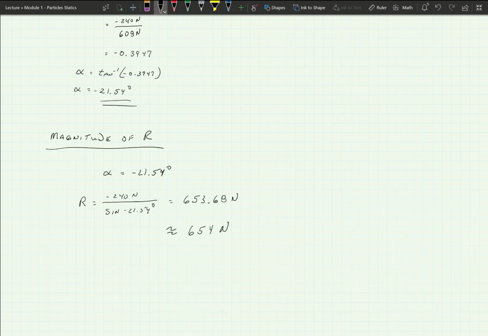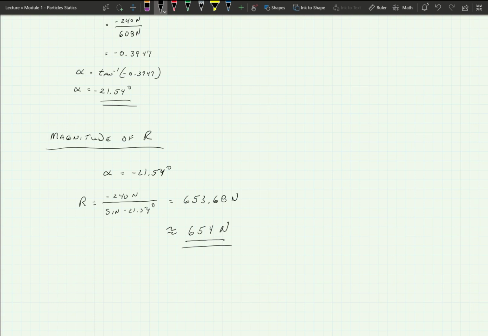And if someone hasn't explained this in the world of engineering, we're going to call that 654 newtons because we're looking for three significant figures most of the time. My logic is this, and take it for what it's worth: is there much of a difference in 653.68 or 654 when I'm calculating stresses down the road on designs where things are in the tens of thousands to hundred thousands of pascals, or if it's in the English system in pounds per square inch?